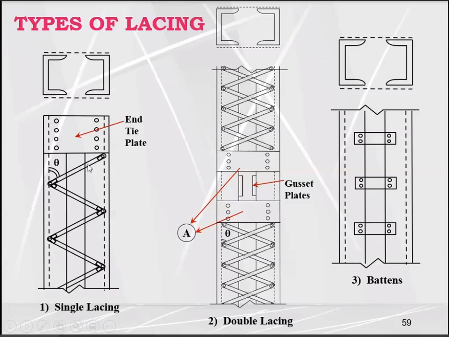Because capacity in compression is the function of critical stress or the slenderness ratio of this lacing member, but the tensile capacity is the function of the gross area or net area. So when the section is bending, one lacing will be in compression and the other will be in tension. So if we are designing only for compression, that lacing will also satisfy the tensile stress criteria.